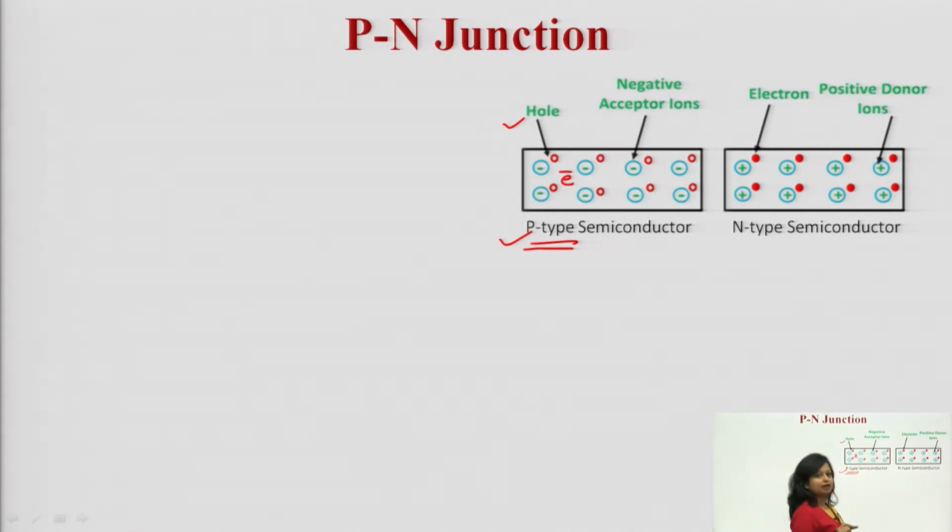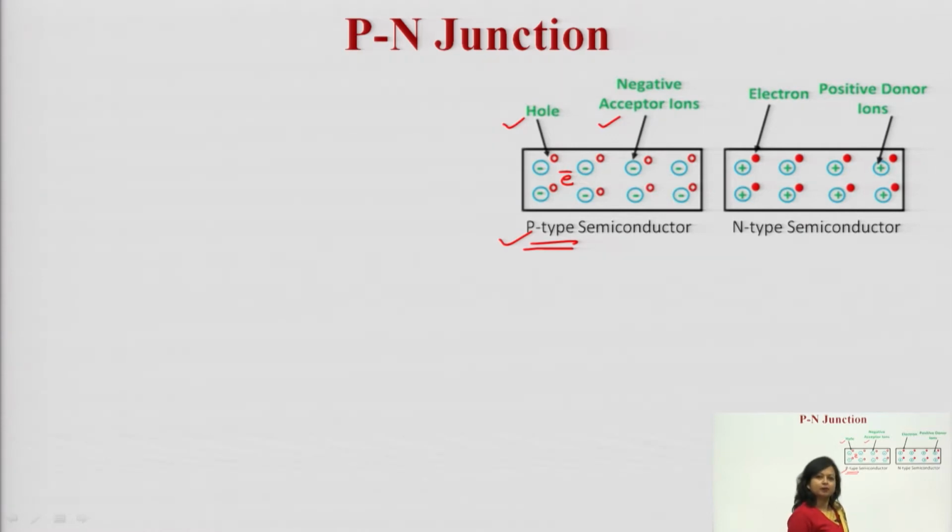At the same time, there are acceptor ions, which have a tendency to accept an electron and complete the shell. So these are negative acceptor ions, negative because they are accepting.